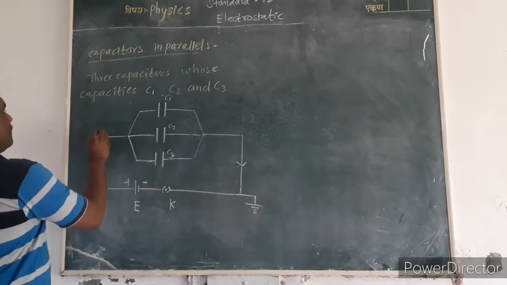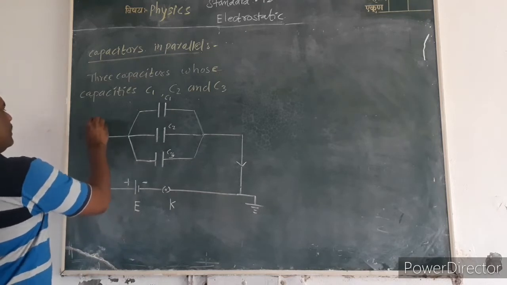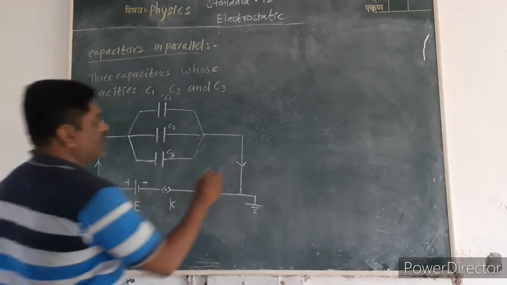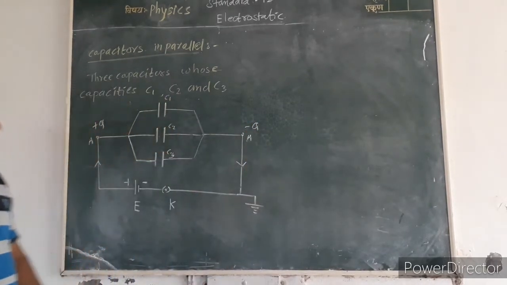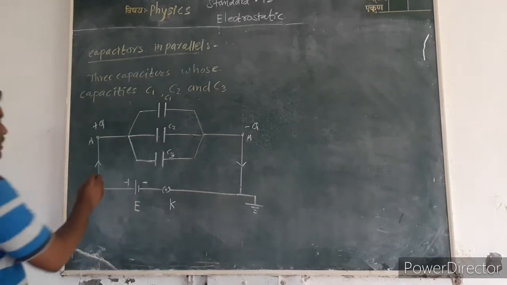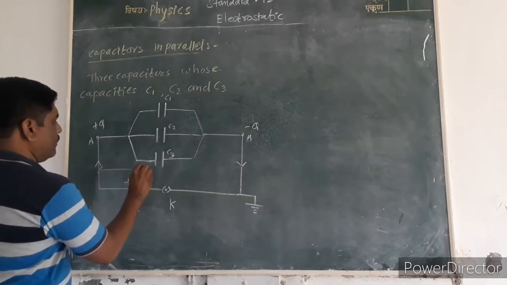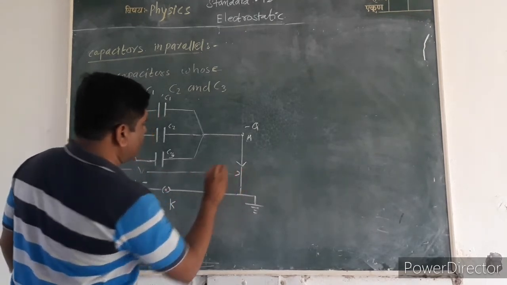Suppose at point A there is positive charge, at point B there is negative charge Q. But the potential of this circuit and each capacitor is the same, that is phi is the potential.